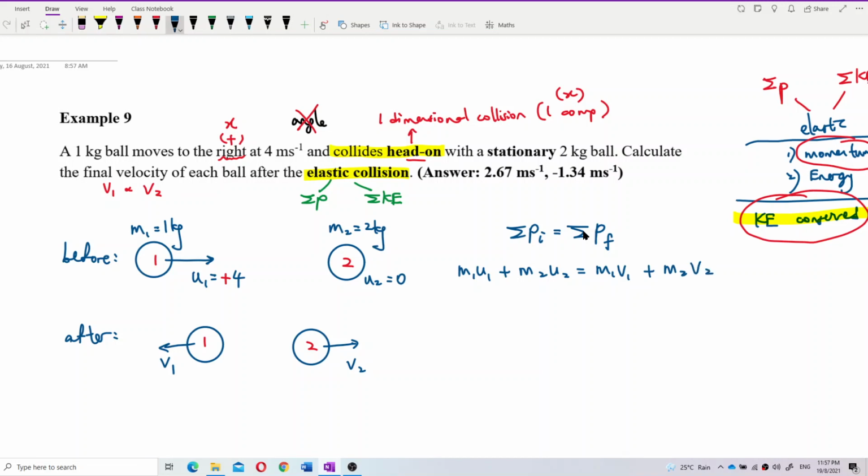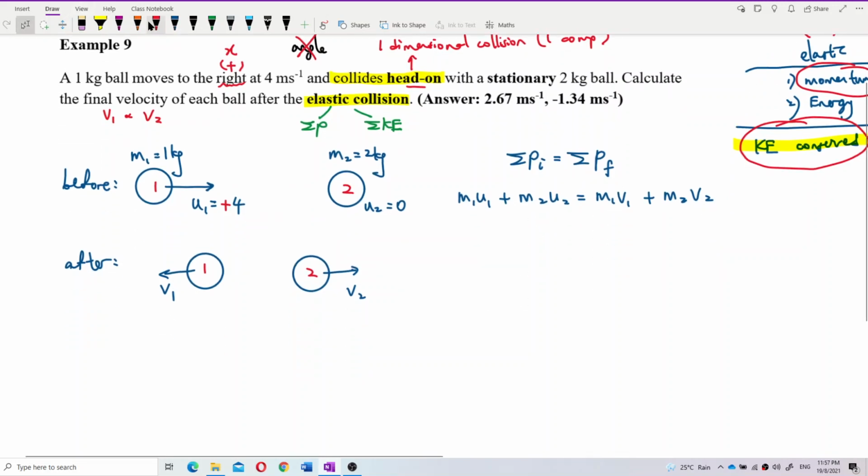Okay, so now let's do it. Remember, this part is before, and this part is after. So substitute accordingly.